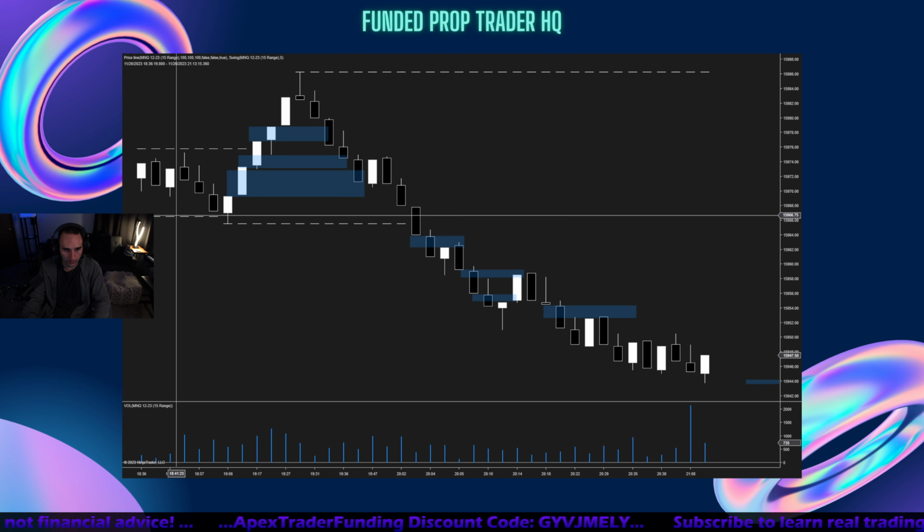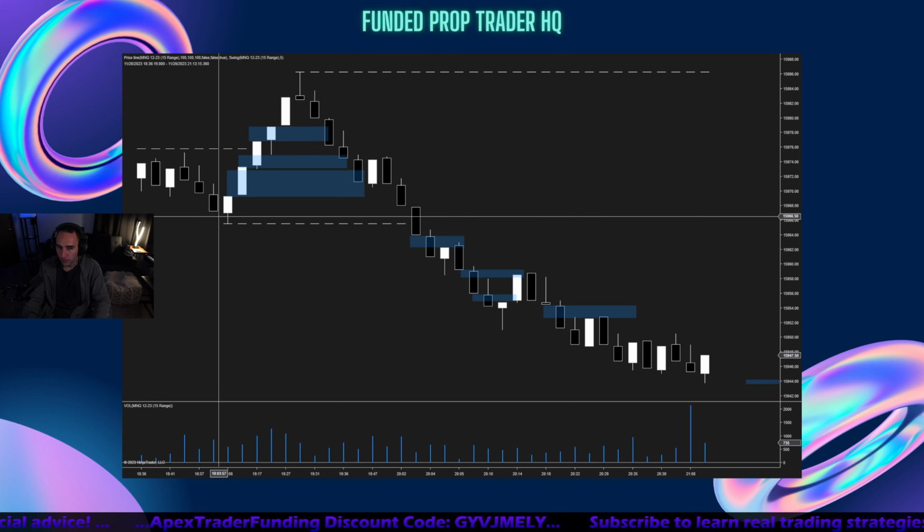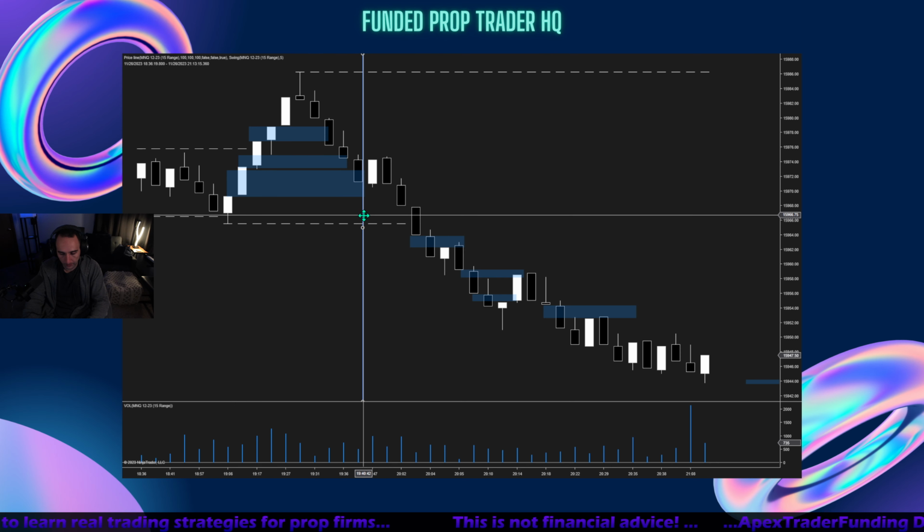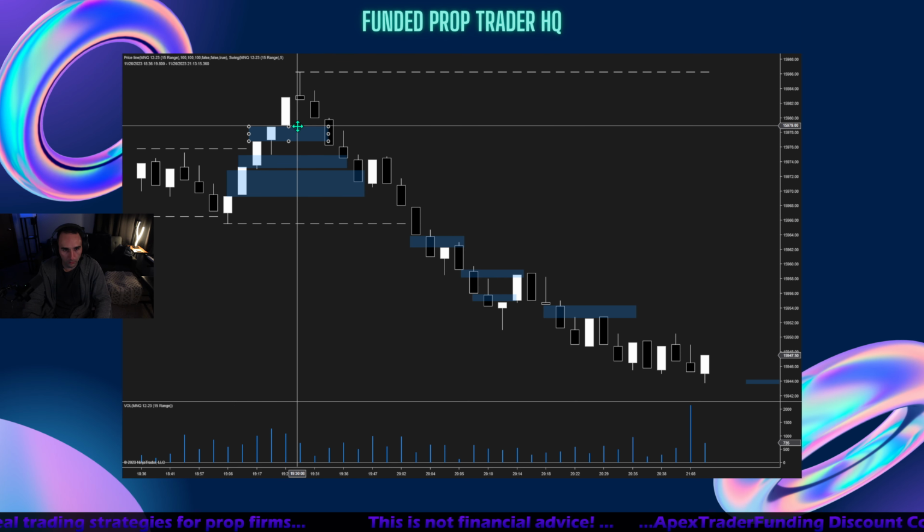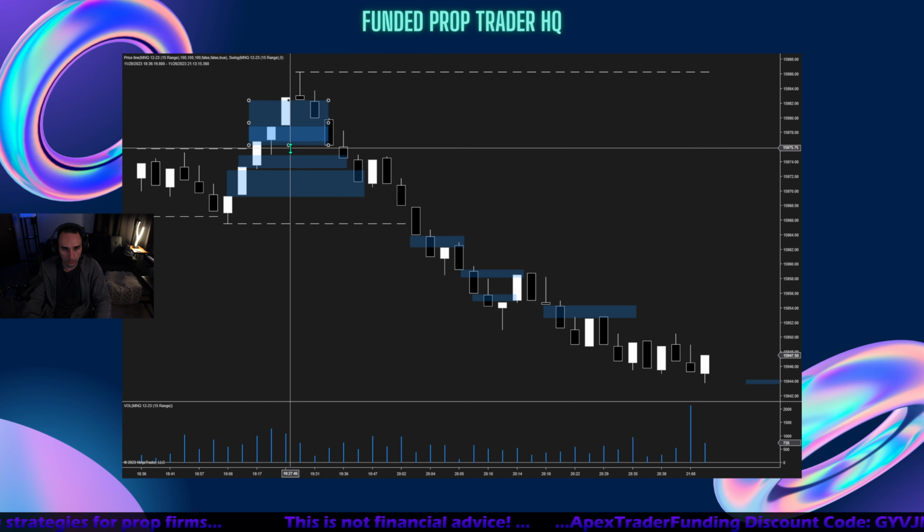It had broken a swing low, and then it broke a swing high right here. So as far as we know, up until this moment, the market is bullish, right? So we would be looking to enter a long position.